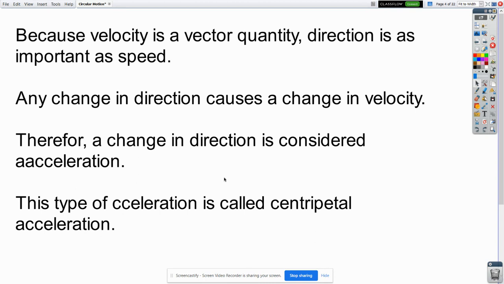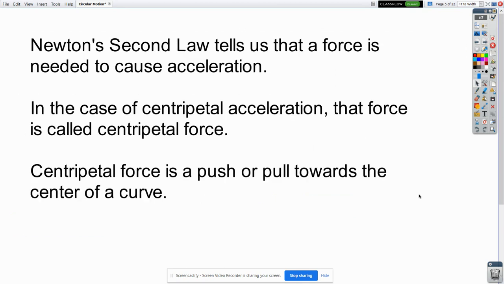This type of acceleration where we change the direction is called centripetal acceleration. Centripetal acceleration is acceleration that causes an object to follow a curved or circular path. Newton's second law tells us for that acceleration to happen, there has to be a force applied to the object.